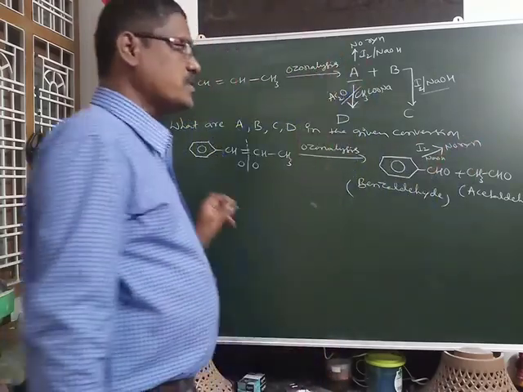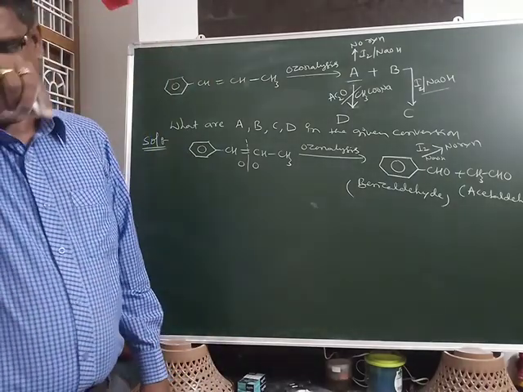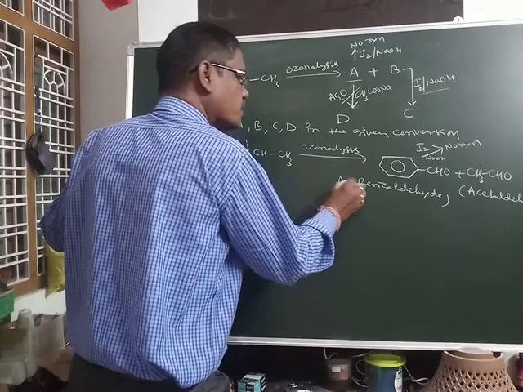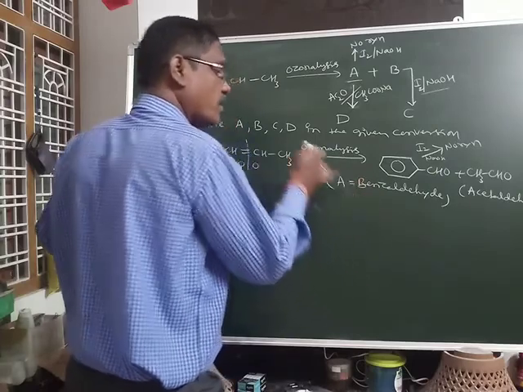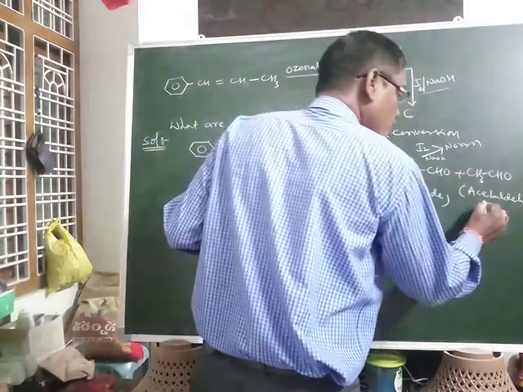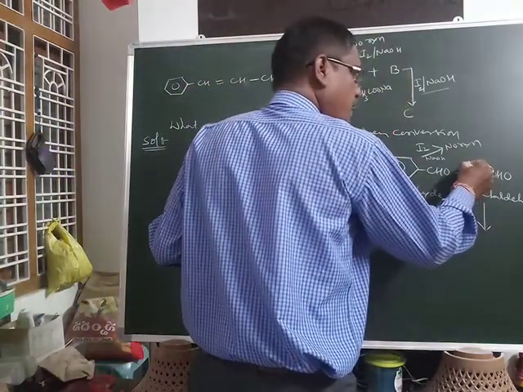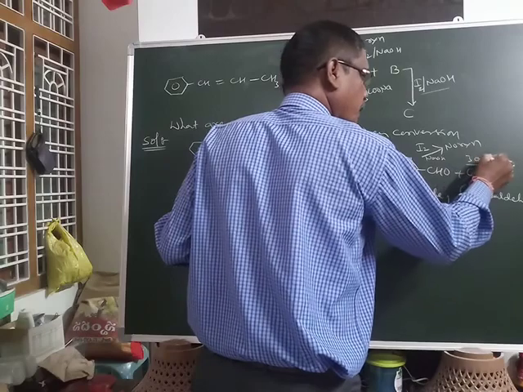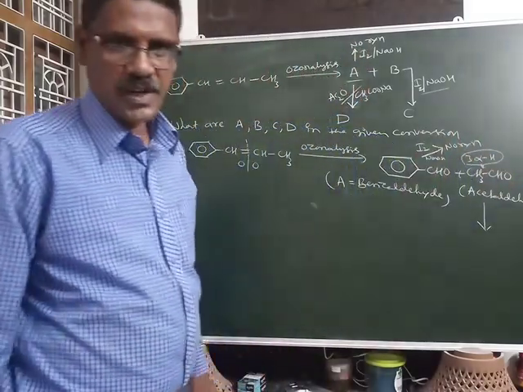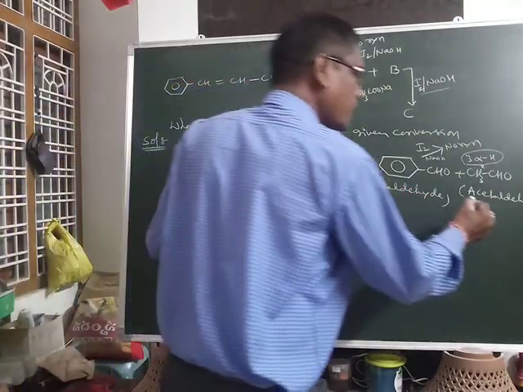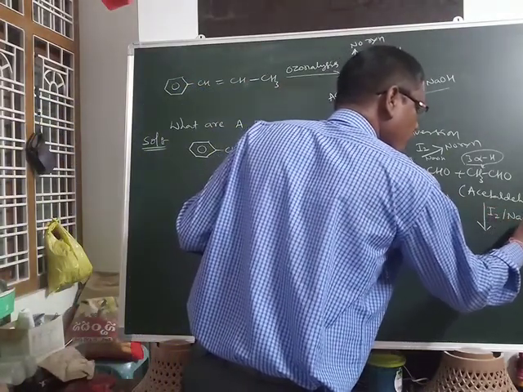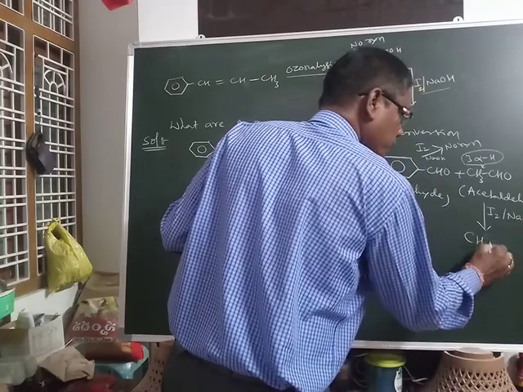A has no reaction with iodine and base. That's why A is benzaldehyde. This is the explanation. And this acetaldehyde contains 3 alpha hydrogens, so it can react with iodine and NaOH to form iodoform.